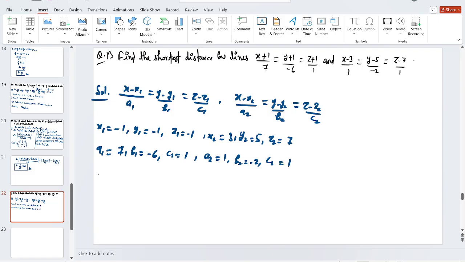So what is the vector form? Vector A1 becomes x1 i cap, y1 j cap plus z1 k cap. So writing it here: minus i cap minus j cap minus k cap.